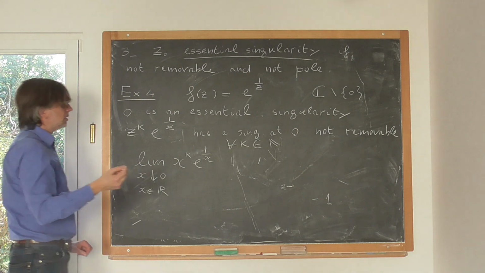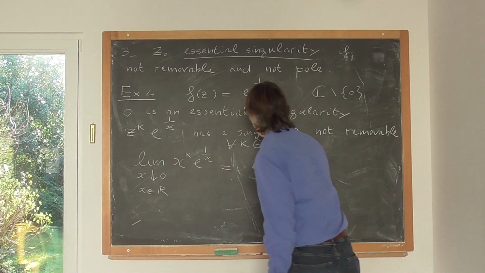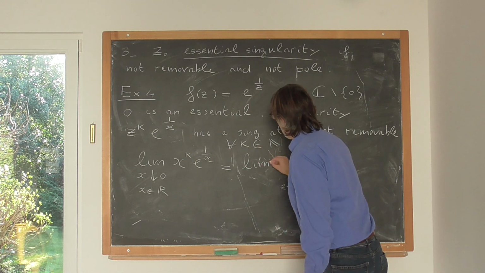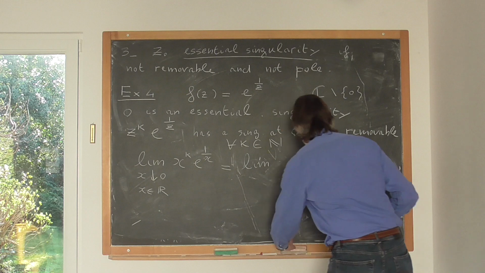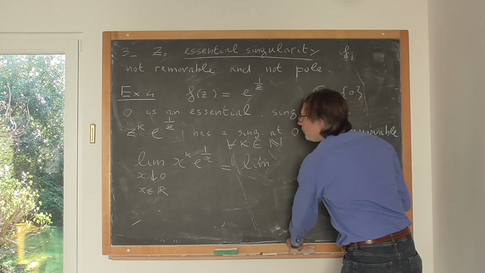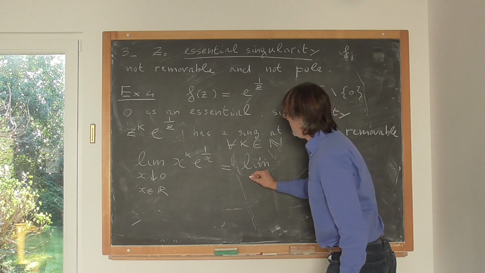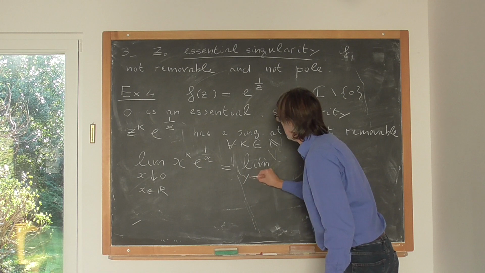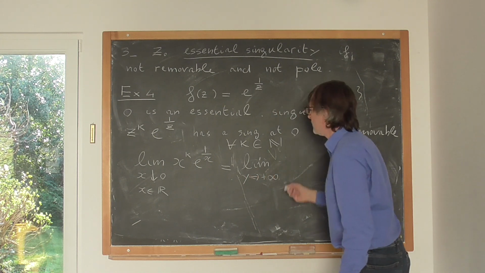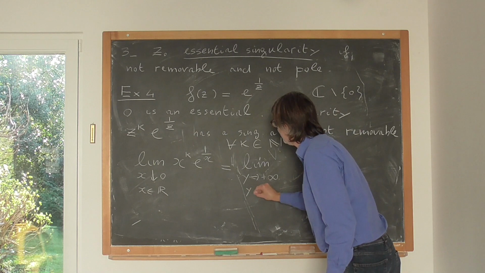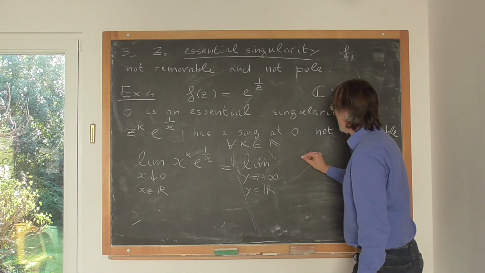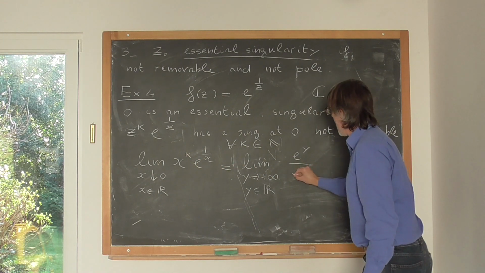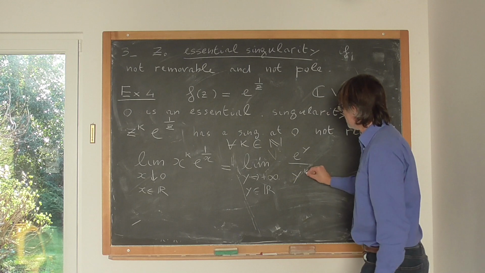What is the value of this limit? Here you can change variable, and call 1 over x, y. So this becomes a limit of, since 1 over x is y and x was going to 0 from the right, y going to plus infinity. It's real. Here we have e to the y, and this x to the k becomes y to the k, but in the denominator.